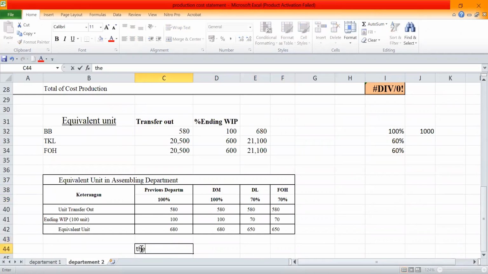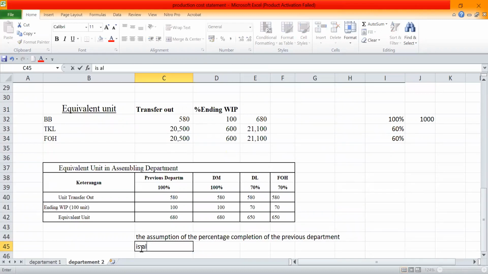The assumption of the percentage completion of the previous department is always 100.